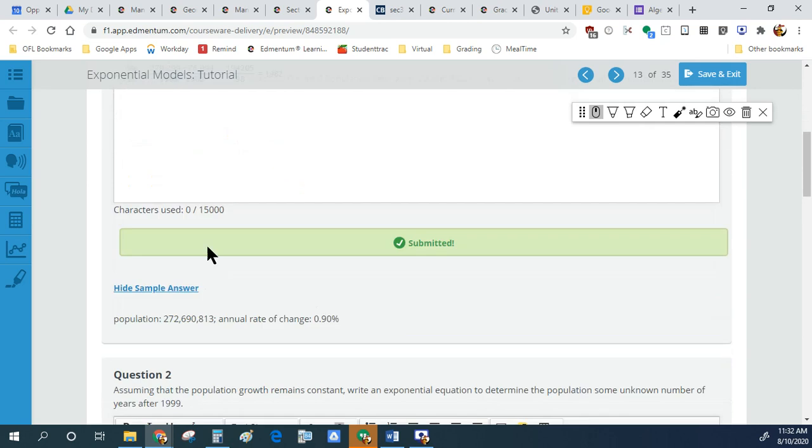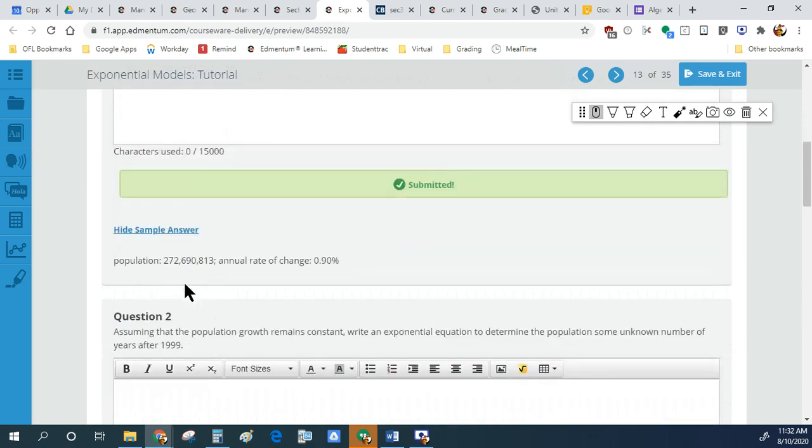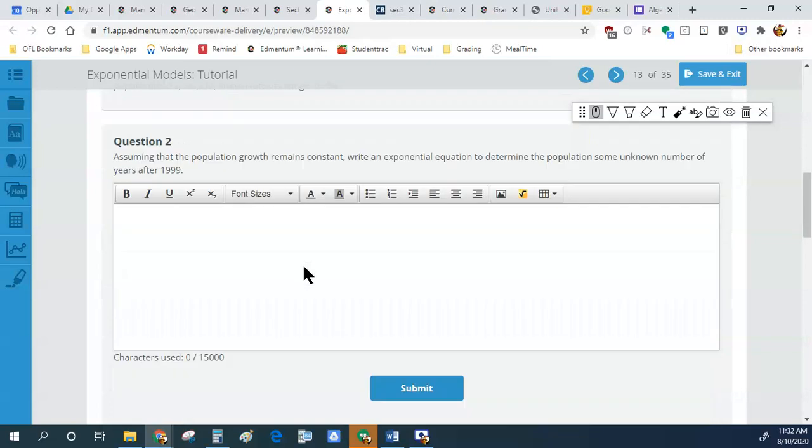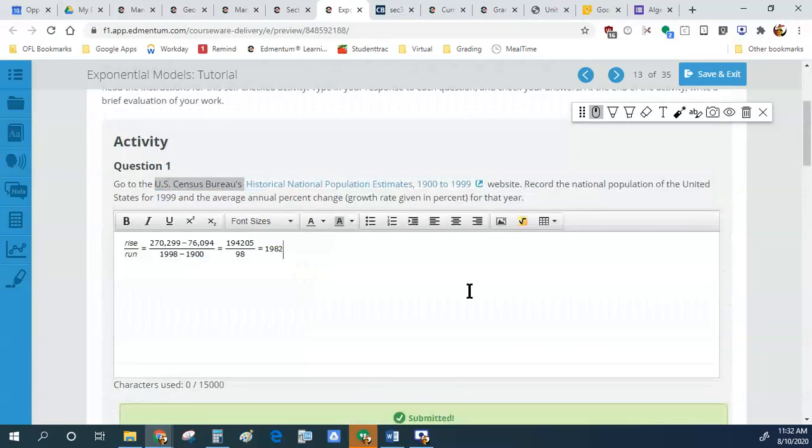If you submit it, I think it says something like answers may vary. Oh, yeah. So they have, what is this? Annual percentage rate of change. Oh, they want us to figure out the percentage.